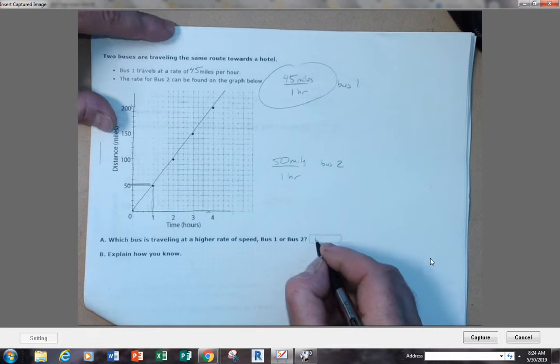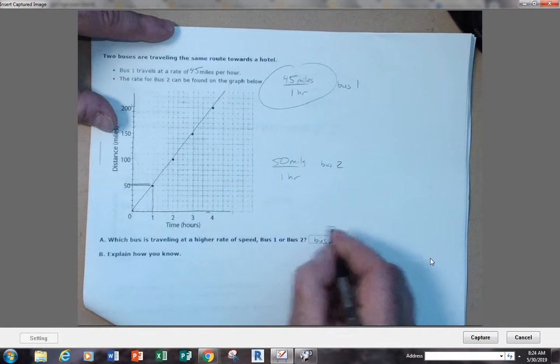And you can see bus number 2 again, the graph, has a greater rate of speed. How do you know again? Again, you'd have to type in and show me. Bus number 1 is 45 miles for every 1 hour. Bus 2 is 50 miles for every 1 hour. You got to show me. All right, one more of these.